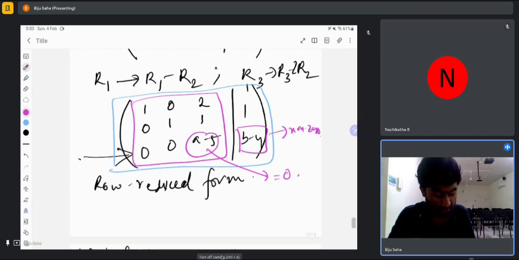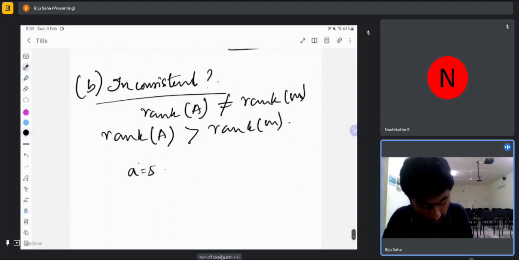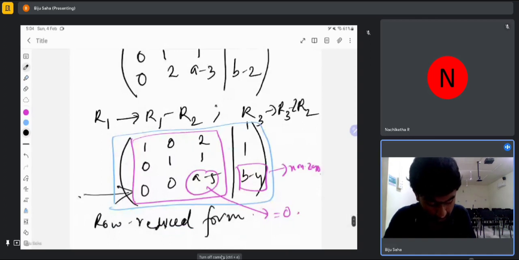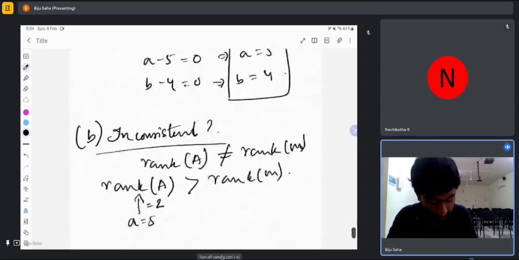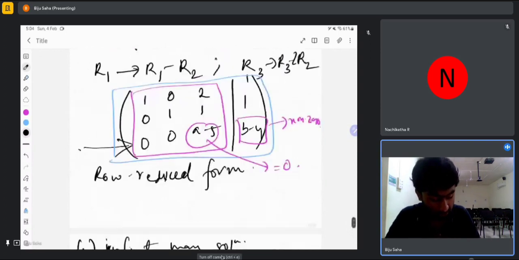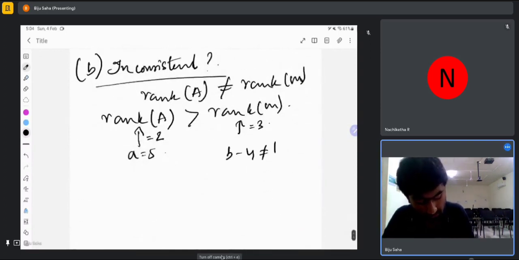So that says that a equal to 5 would make the rank of A equal to 2. So this third row becomes 0. So the rank of A is equal to 2, and for the rank of M to be not equal to the rank of A, it is required that b minus 4 is never equal to 0. So b is never equal to 4.